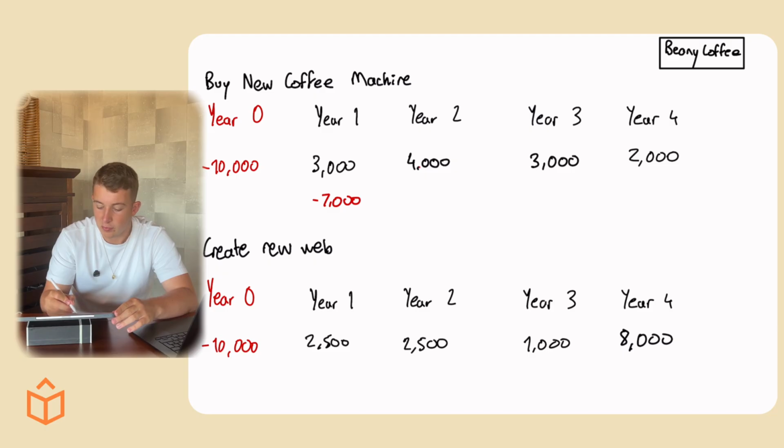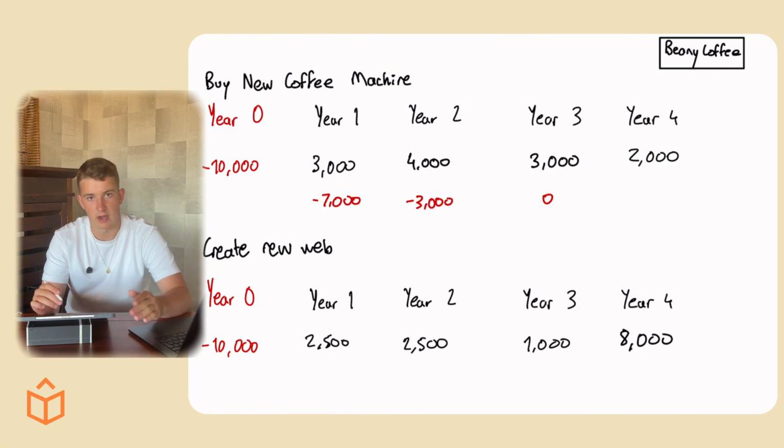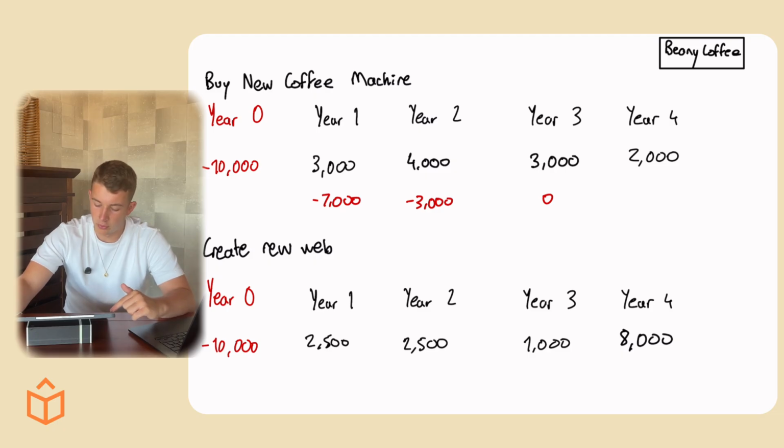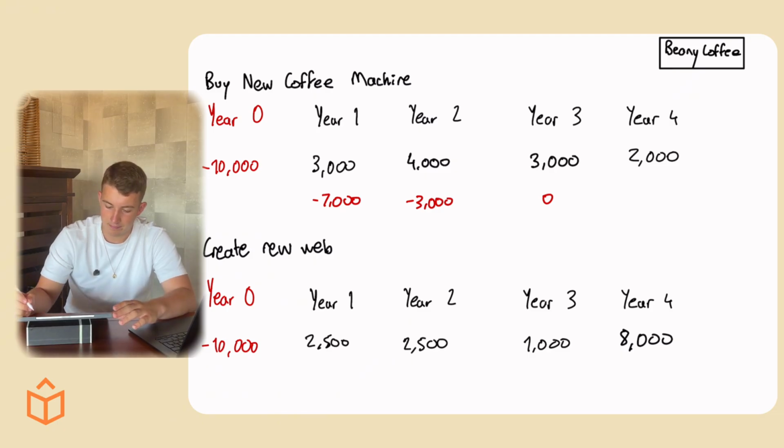In the second year, we will recover 4,000 more, so we add it, and we will only have 3,000 more to recover. And on the third year, we will definitely recover our money because we have 3,000 in inflow. I don't know if you see the path of this, right? So our payback period for project A is 3 years.